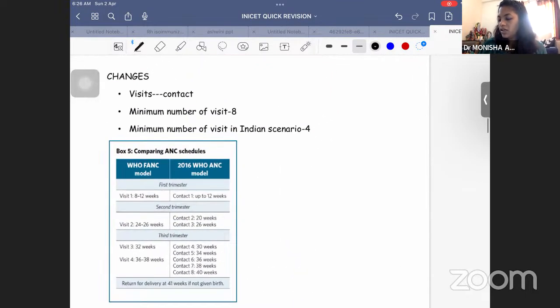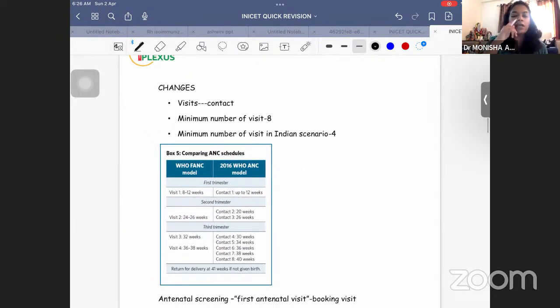Yes, this question has been creating a lot of confusion. Remember, what does the WHO say is the minimum number of antenatal visits? It's going to be 8. This is the table I got from WHO. There is something called the 2016 WHO antenatal care model, where they have changed two or three things.